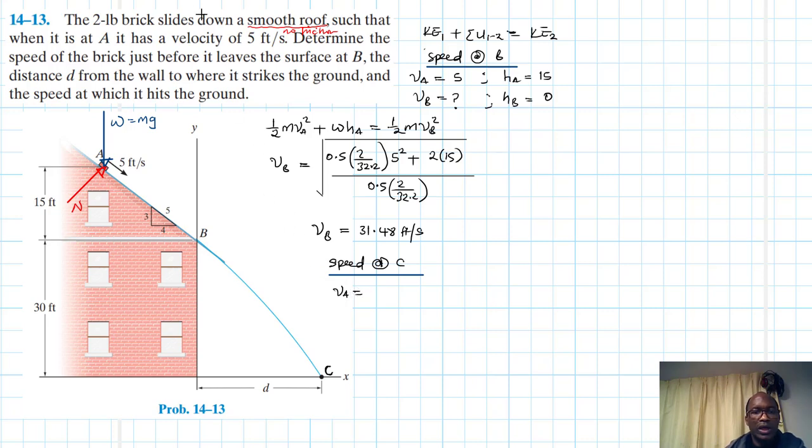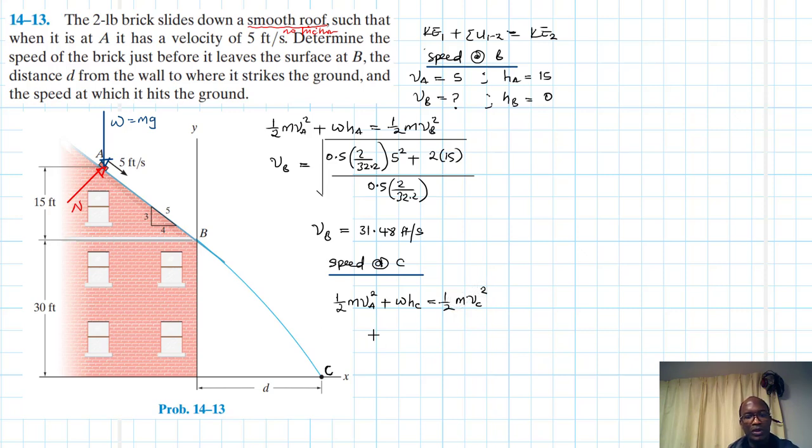We can solve this directly by writing an equation: half m VA squared plus W times HC is equal to half m VC squared.